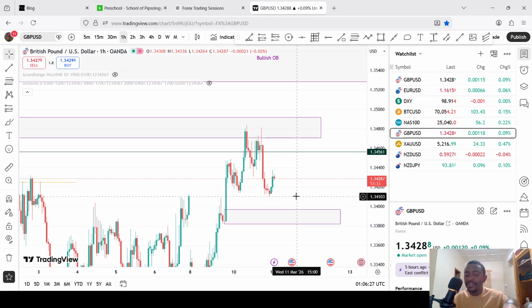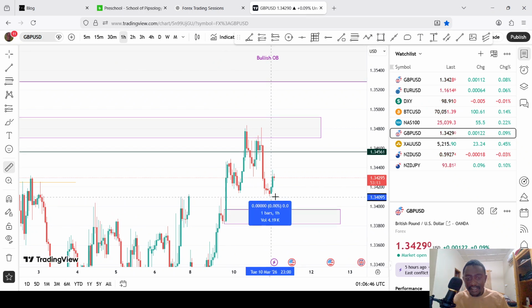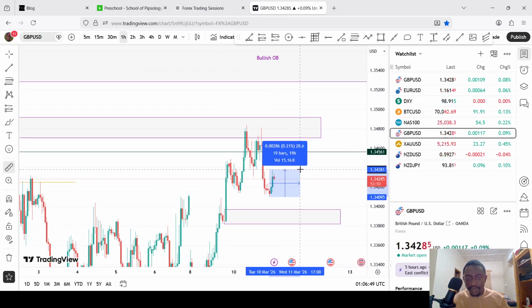Once price moves, it moves in points, and when price moves in that manner, if you want to measure the distance, we measure it in pips. We want to measure the difference in decimal points. It's like measuring the distance from here to this side; we just measure it in pips. So if I take the measure and click here to this particular point, we have 19 bars, volume and 28.6.